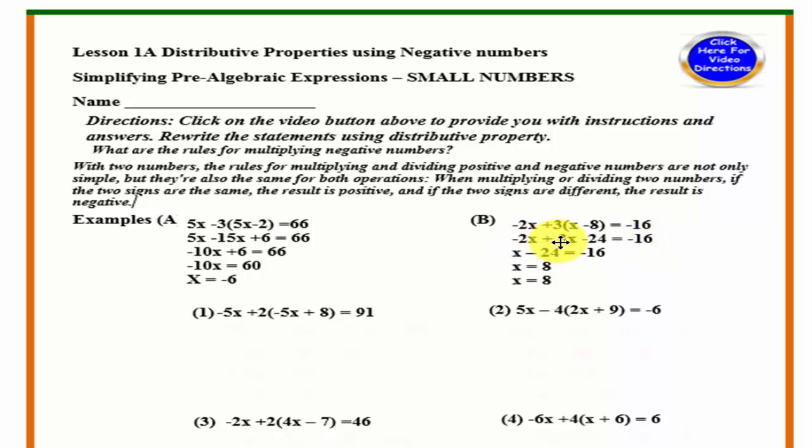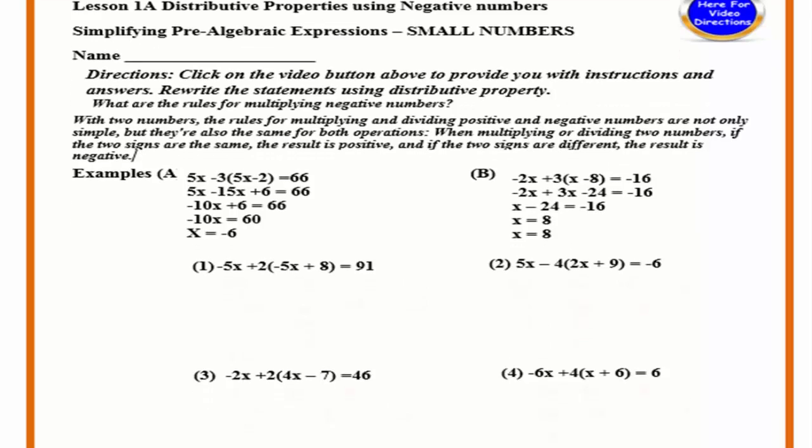Negative 2x plus 3x, subtract 2x, you have x minus 24, okay, equals negative 16. Now, subtract 24 from this side, or you add 24 from this side, and you have to add it over here, so x equals 8. X equals 8, both are positive. Okay, hopefully that made some sort of sense.